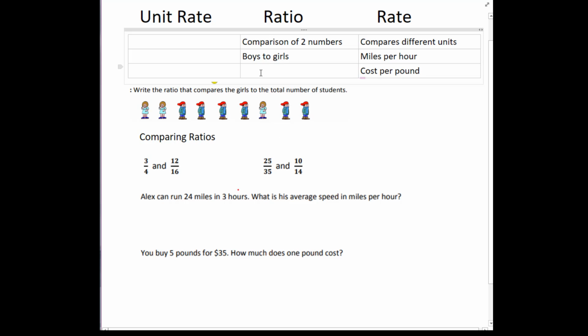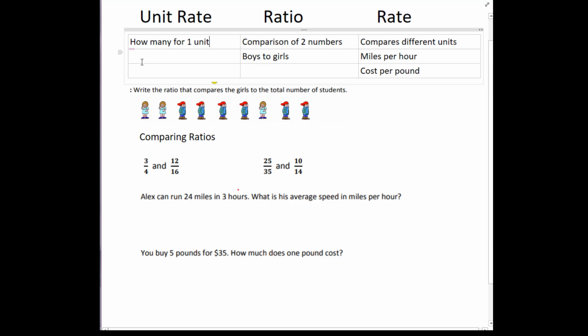And we will do some examples of those in just a moment. A unit rate, on the other hand, is how many units for one unit.